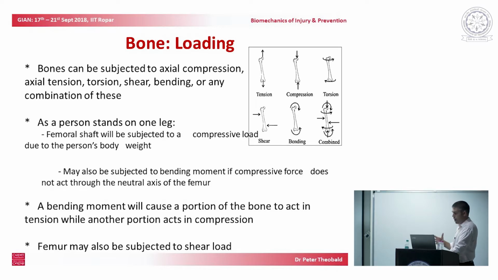We talk about internal and external rotation in the knee, and so it's quite easy to imagine how our bones at times are exposed to torsion. Shear is less common. Shear typically happens during sport and is not a hugely desirable load to have the bones exposed to.